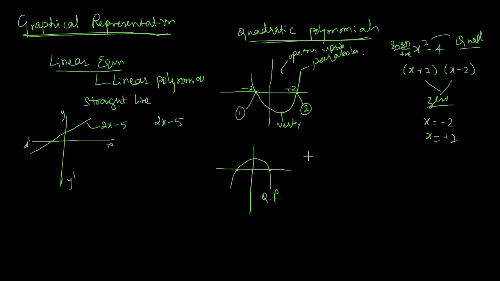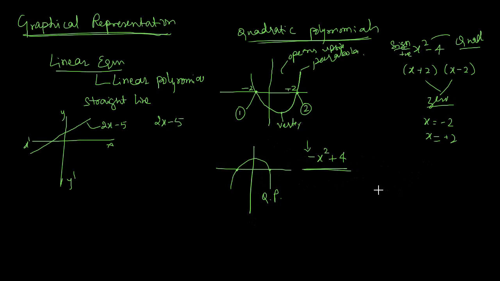So this can be something like minus x square plus 4. Sign is negative, parabola opens down, there are 2 points, it's a quadratic polynomial. It has 2 values, 2 zeros, right?